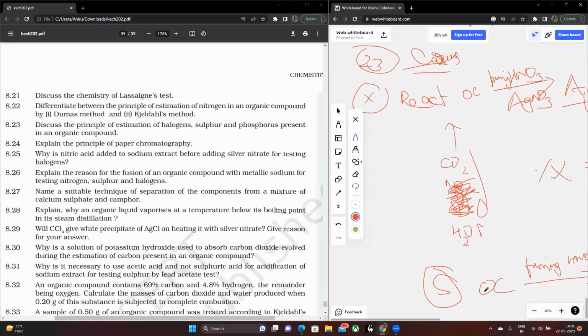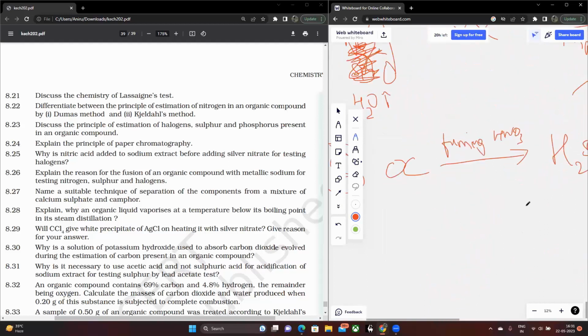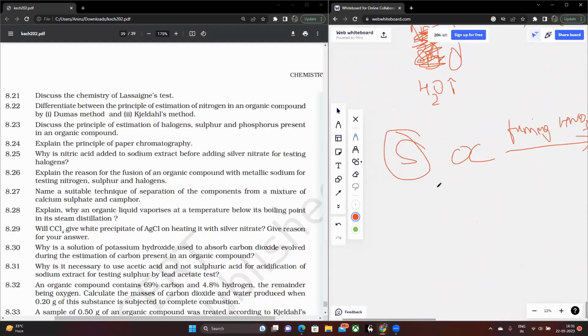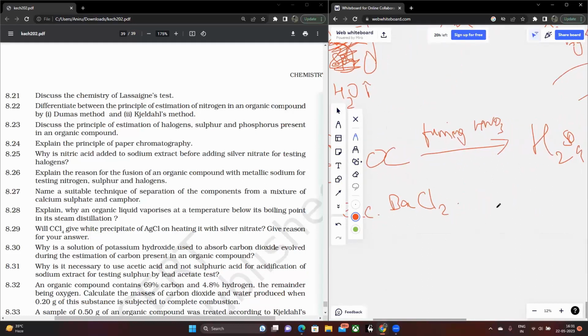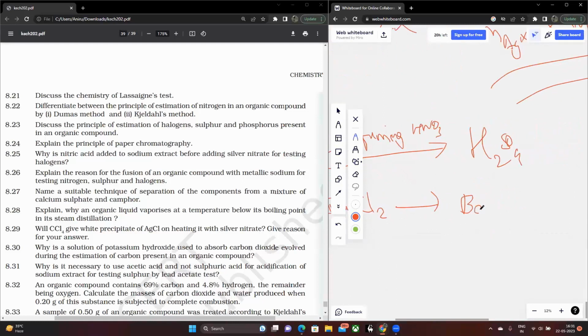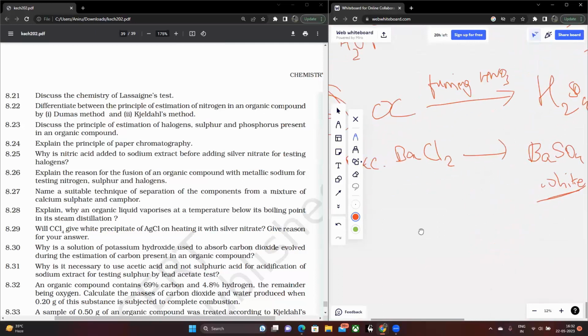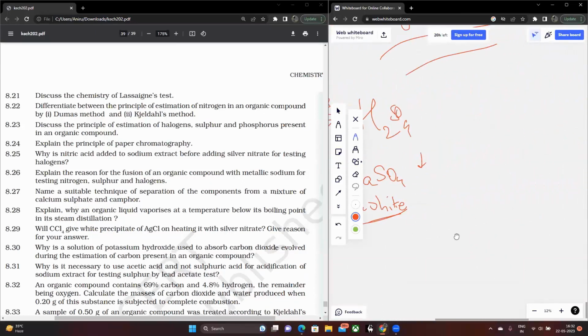So carbon dioxide and water escape out. If there is sulfur, then you get H2SO4. You add excess of BaCl2 solution, that is barium chloride solution, to this. You get barium sulfate precipitate. That's pure white in color. You filter, wash, dry this precipitate again, and then you measure the number of grams.